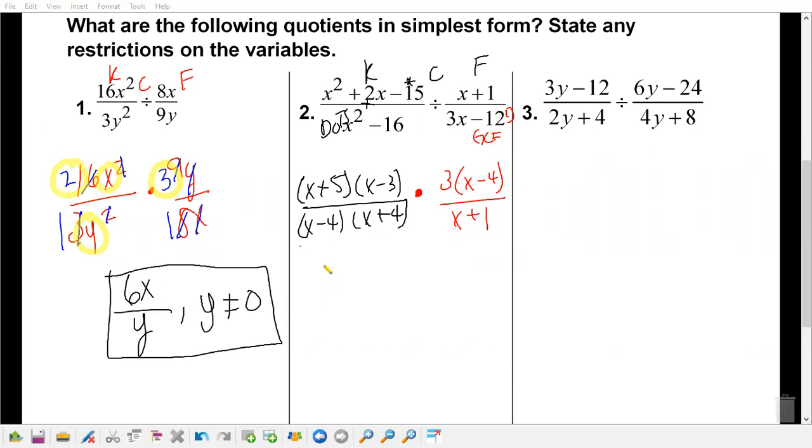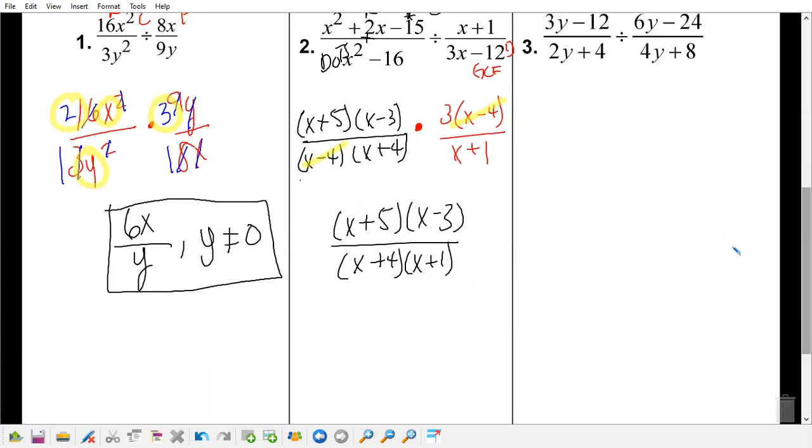All right, what goes away? X minus 4, anything else? No. So in our numerator, we're left with x plus 5 times x minus 3. In our denominator, we're left with x plus 4 and x plus 1. Because there are 2 factors in our denominator, that means there are 2 restrictions on our x.